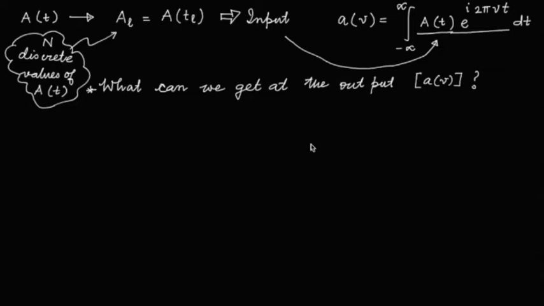If you want to get n plus 1 outputs, they will not remain independent. This should be clear from your linear algebra. So this is a very important point: n independent inputs will give me only n independent outputs. Independent is important.